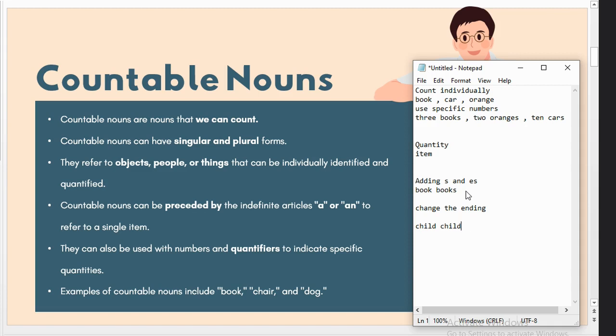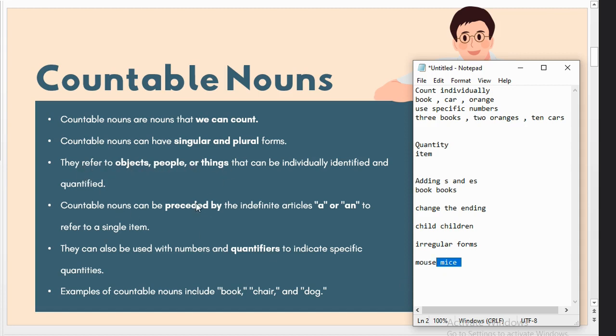This would be a plural. And irregular forms have not any kind of rule, like mouse, mice. So this transforms into plural: books, children, mice. These are the 3 forms which can convert from singular to plural.